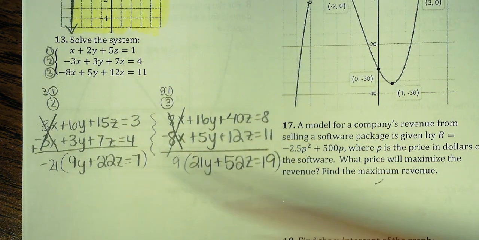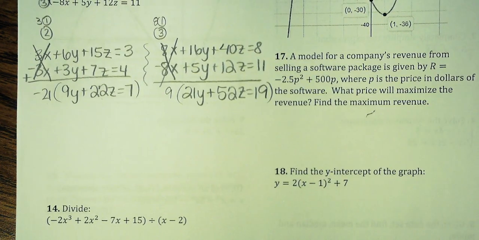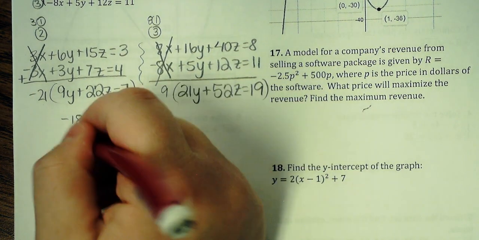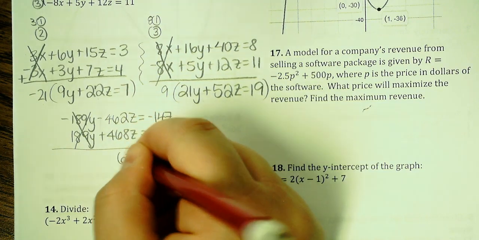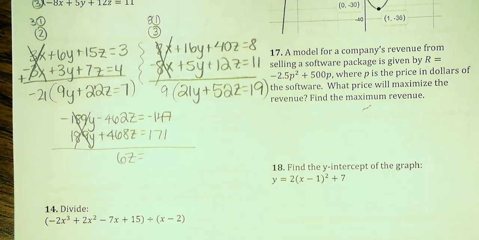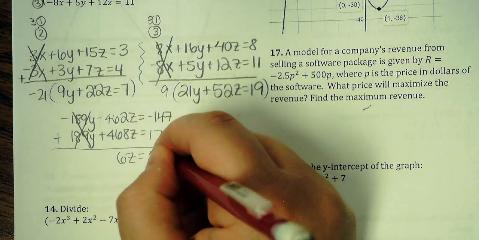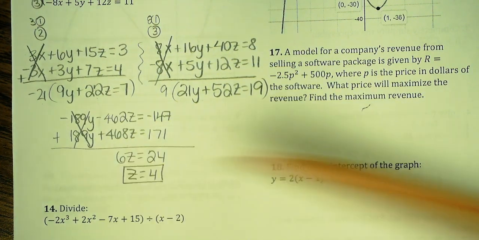Those will help me eliminate the y, and I'm going to pause it again here just to save some time on the video. Okay, here when I do my elimination, the z's are added together. This actually simplifies to just be 6, and then -147 plus 171 is 24. So the z value here of the intersection is going to be 4.